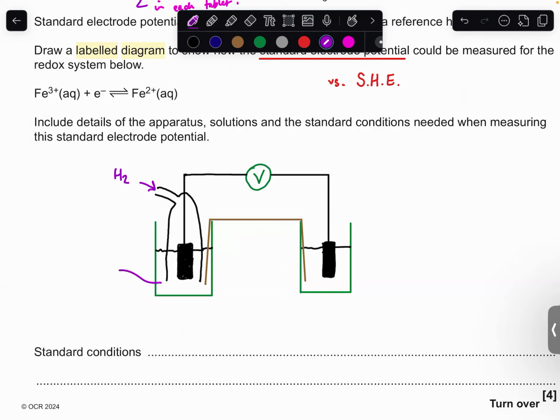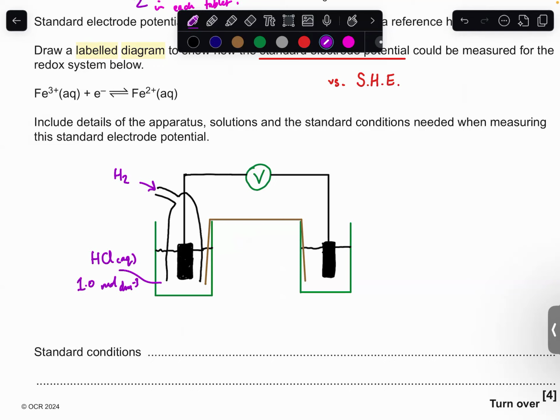What kind of strong acid could we use? We could use HCl. And what are the standard conditions of the concentration, that comes on to the next question. We cannot answer it there actually. Actually, I'll just do it here. 1.0 moles per decimeter cubed. That's your standard concentration.